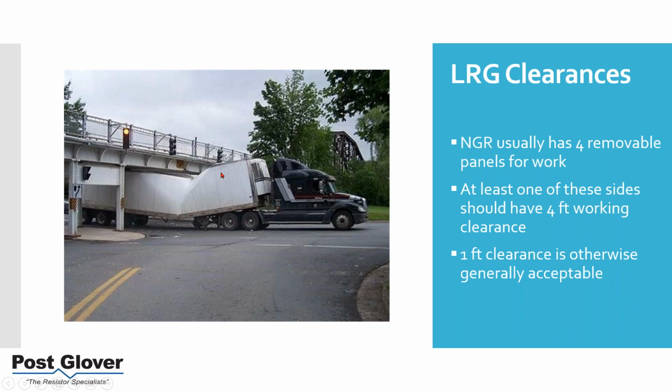In terms of the clearances, low resistance ground systems usually have about 4 removable panels, one on each side. Usually most panels are accessible, so you usually only need 1 working clearance. You should have 4 feet on that one side, and then the other 3 sides you should have a foot.